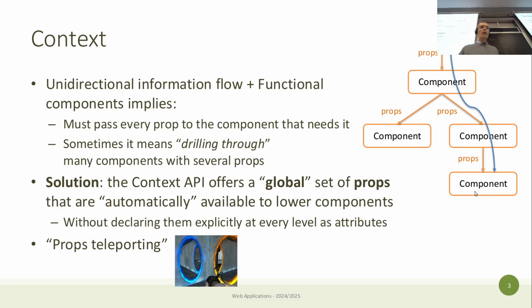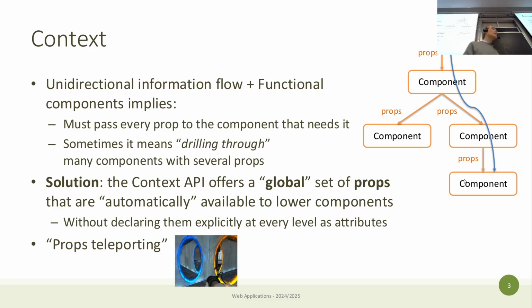So this is called props drilling. Making holes, let's say, in this way, for the props in the root or in higher levels of the tree to go down until where they are needed.